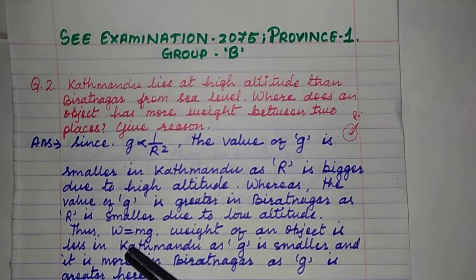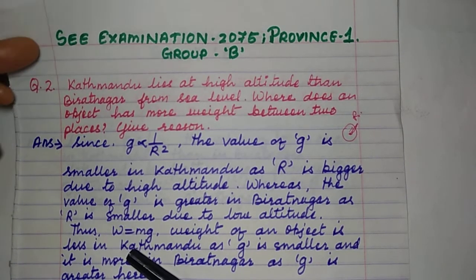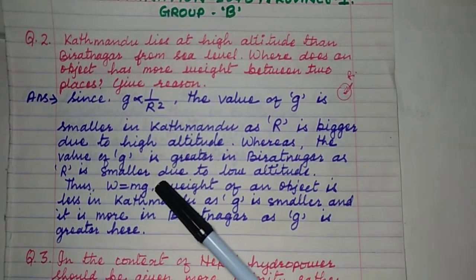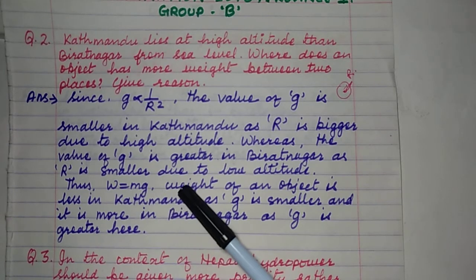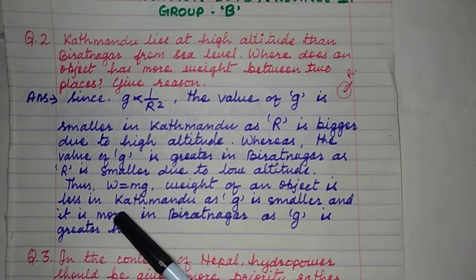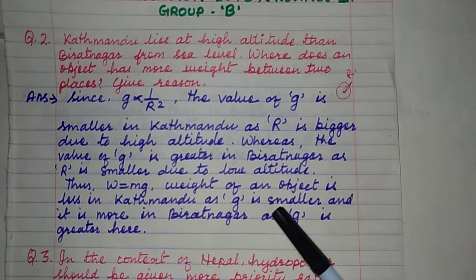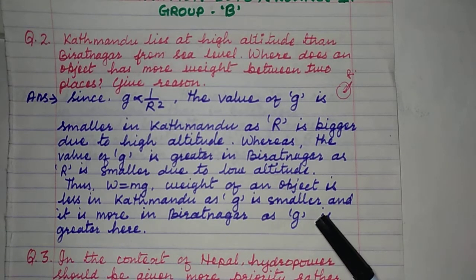Now again, from this formula of weight W = mg, if g is greater, weight will be greater. If g is smaller, weight will be smaller. So the weight of an object is less in Kathmandu as g is smaller compared to Biratnagar.